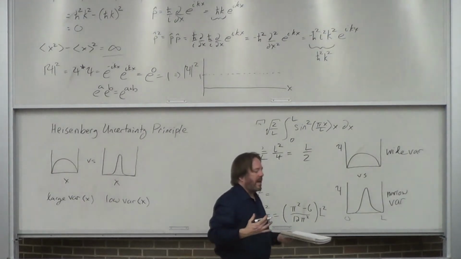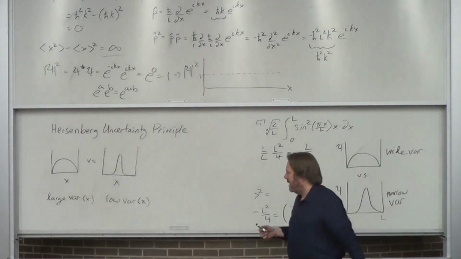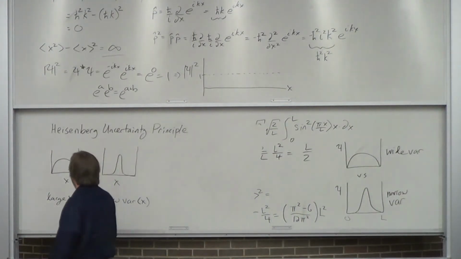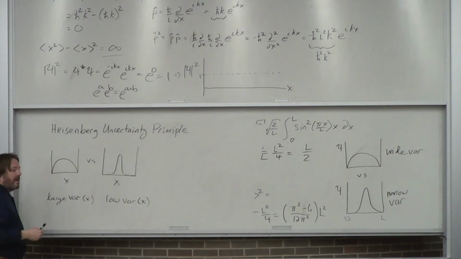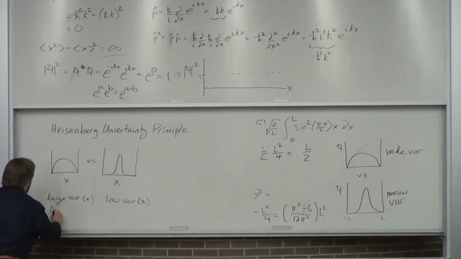It turns out the Heisenberg uncertainty principle states that since this has a large variance in x, and you're not sure where it is, it's going to have a low variance in momentum.